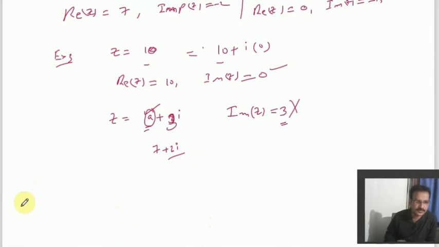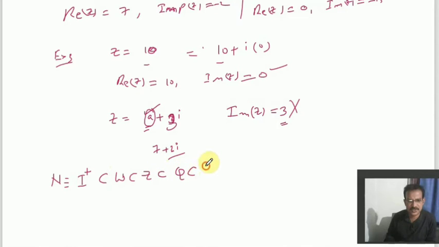And moreover, any real number can be written in the form of a plus ib. Actually, you know that N, the set of natural numbers, which is nothing but positive integers, is a subset of W, the set of whole numbers. Whole numbers is a subset of integers. Integers is a subset of rational numbers. Rational numbers is a subset of real numbers.